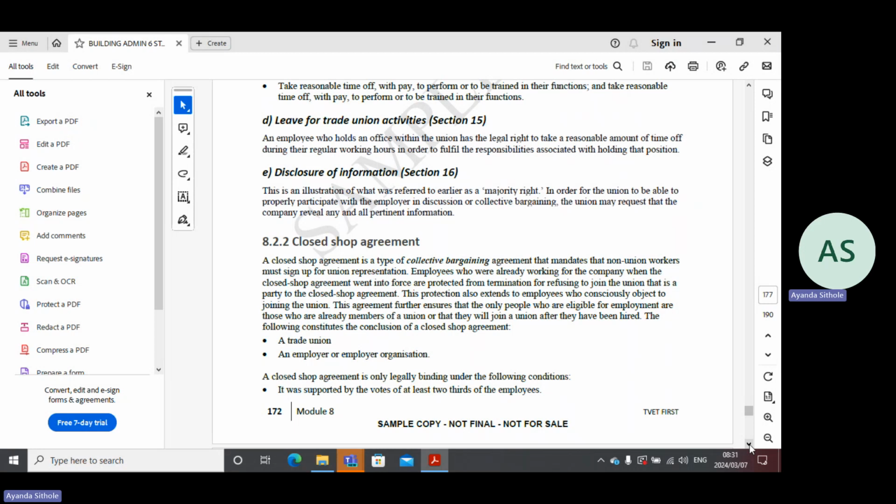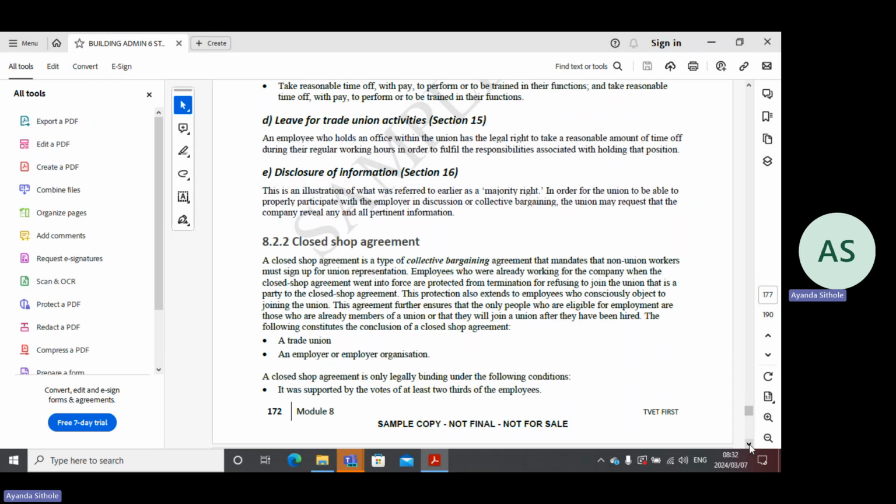So, the employee has the legal right to take time off when they want to, during working hours, for this union.